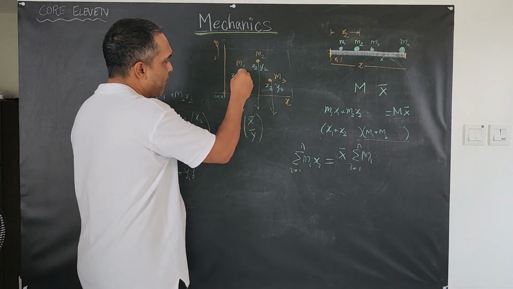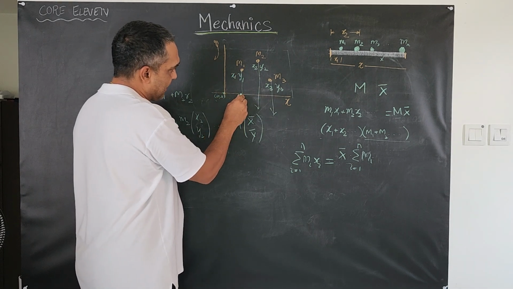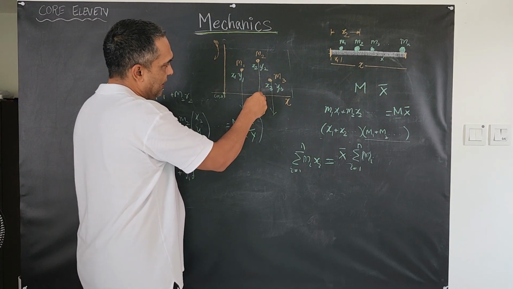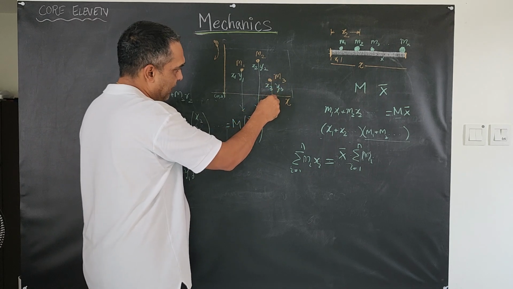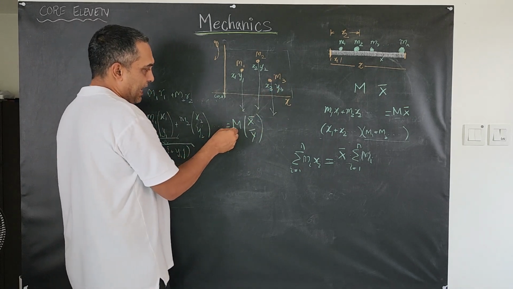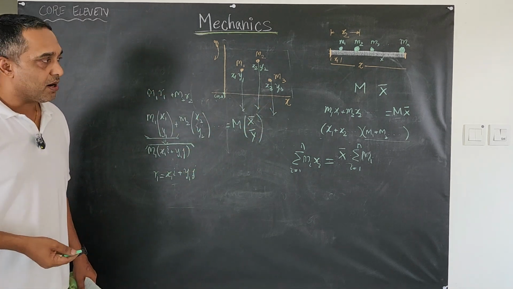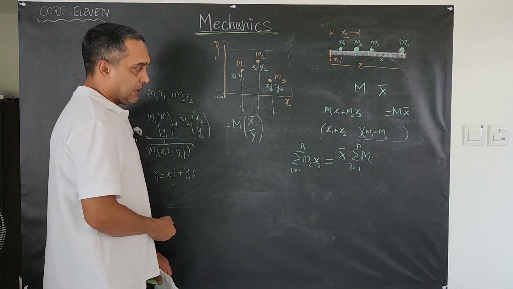So this would be m1g times x1, and this would be m2g times x2, m3g times x3, which would be the same as m times g times some x bar, and then you can resolve for that x bar. And m is simply the sum of all the masses, so getting x bar is very easy.